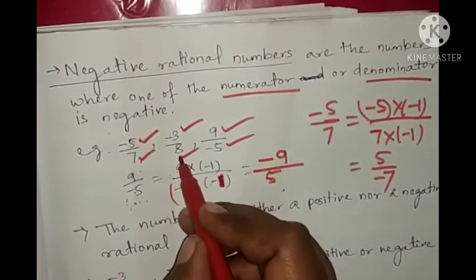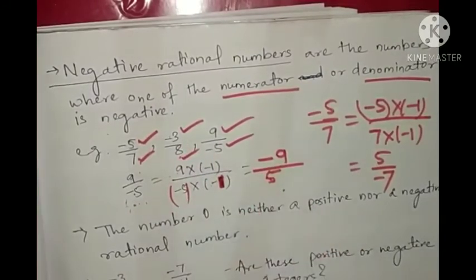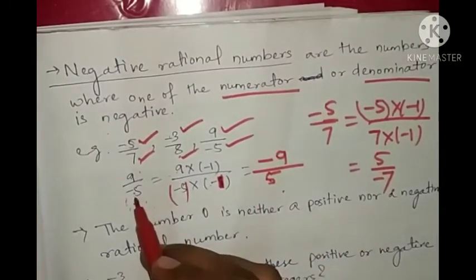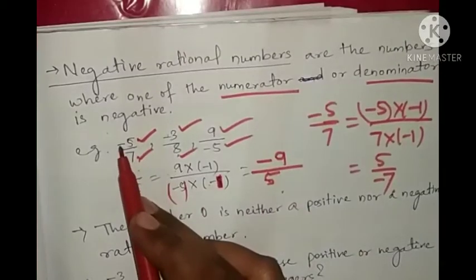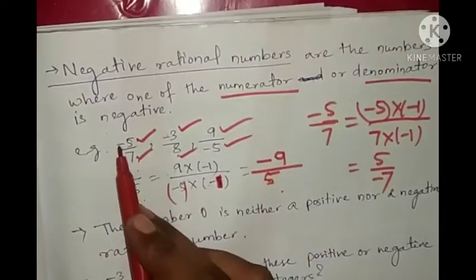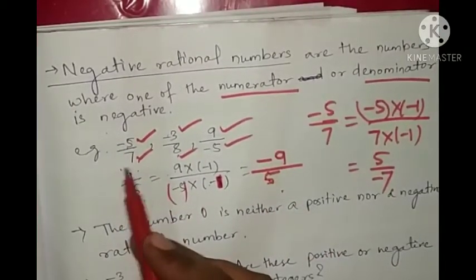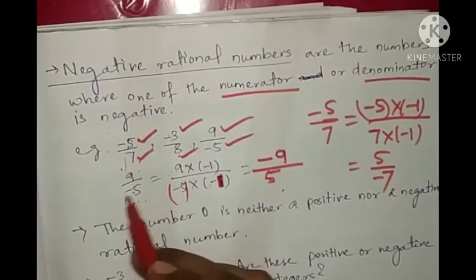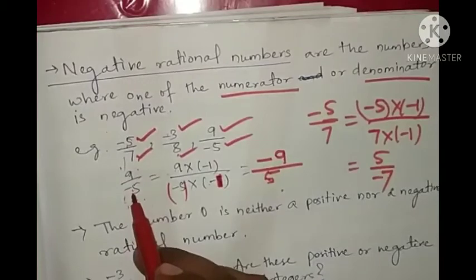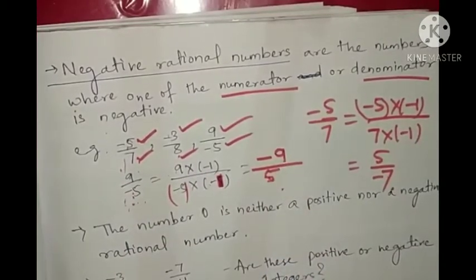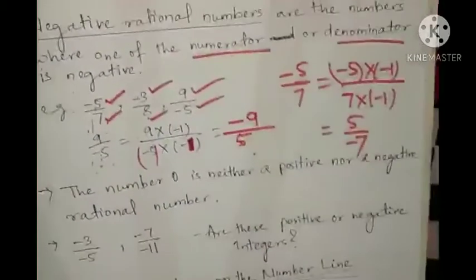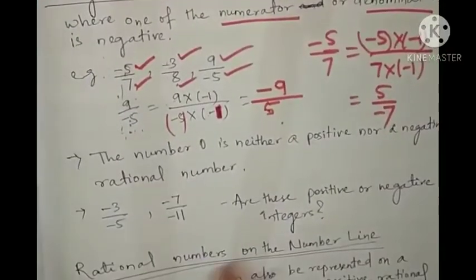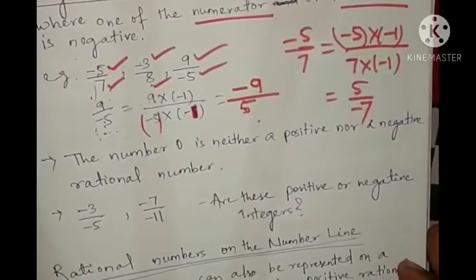Minus 3 by 8 equals 3 by minus 8. So we can write the negative sign above or below; the value will be the same. The number 0 is neither a positive nor a negative rational number.